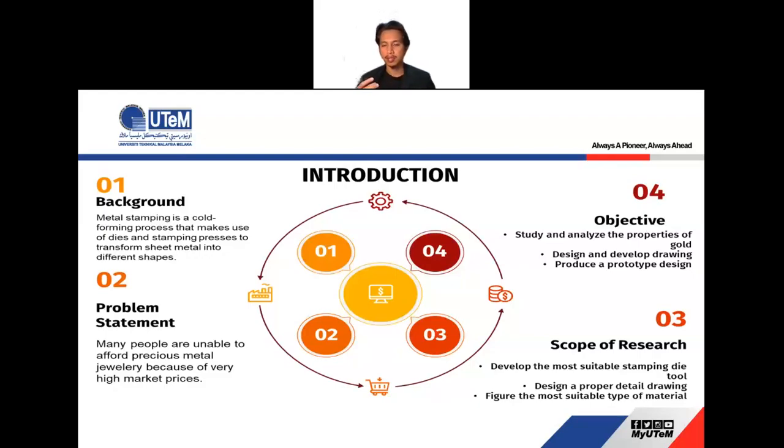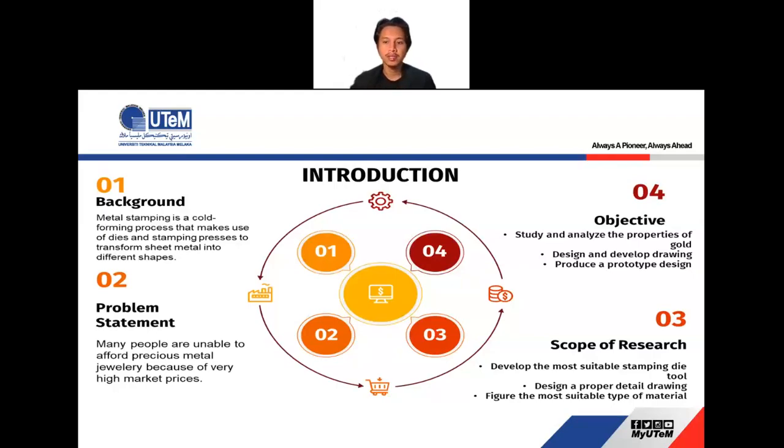So the making of the tool will be costly. So in this project, I will try to develop and design the suitable and cost effective way of producing the stamping die.